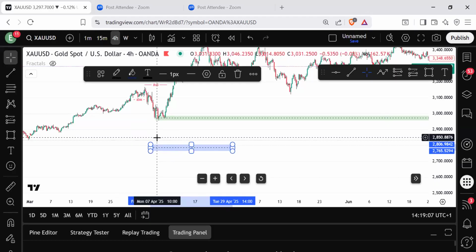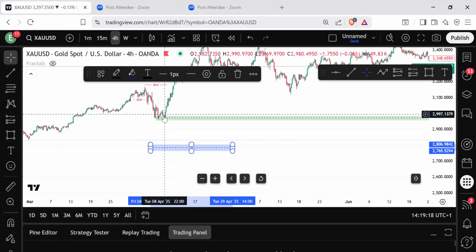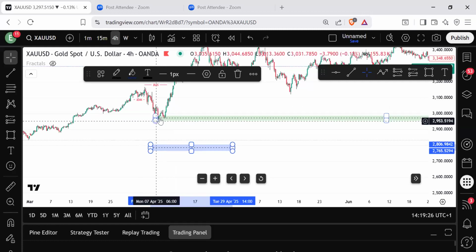If we have more, it is good. Yes, the more fair value gaps, the better, but the extreme one is the most relevant, the one closest to where the continuation move started from.